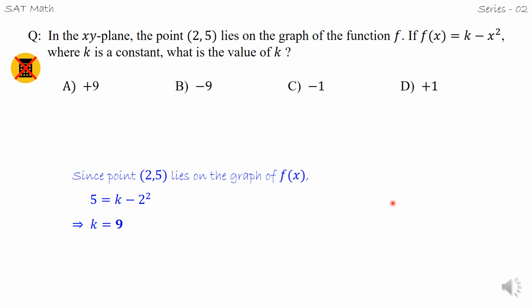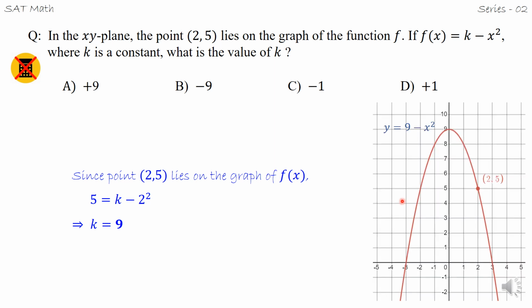K is 9. And it is shown in the graph here. You can see the point (2, 5) is on the graph of function f(x). So option A.